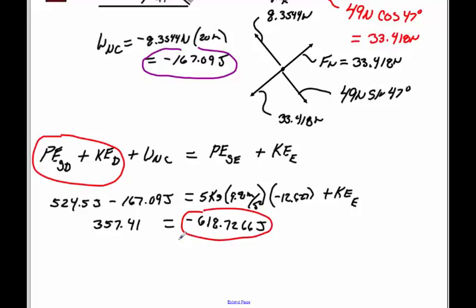If we move this back to the other side, I'll take 357 plus the 618.